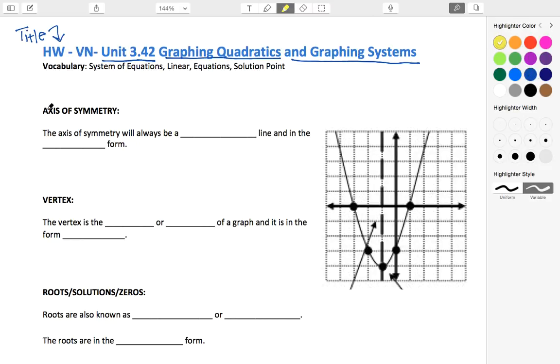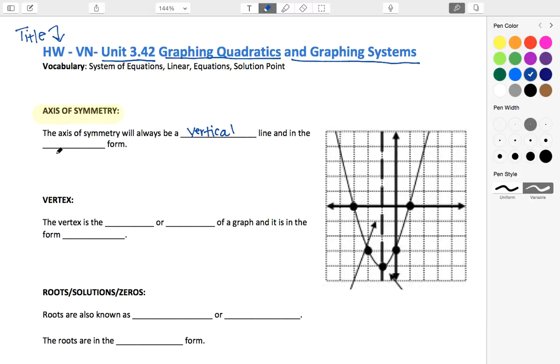Okay, so here we go. Our first vocabulary word is axis of symmetry. Okay, so right here we can say the axis of symmetry will always be a vertical line.